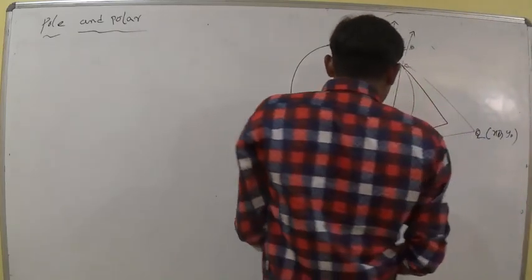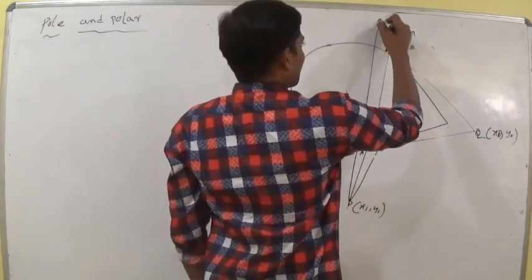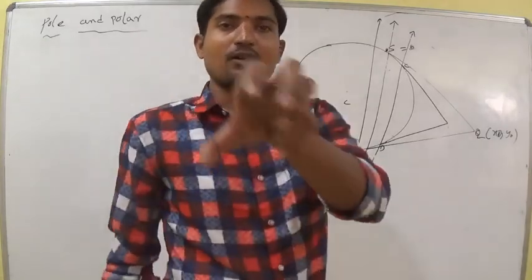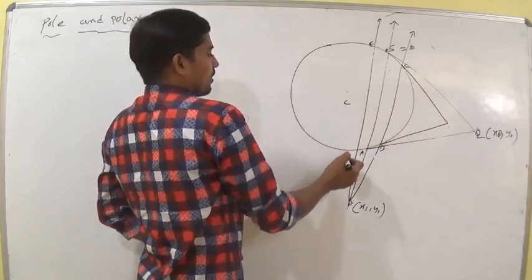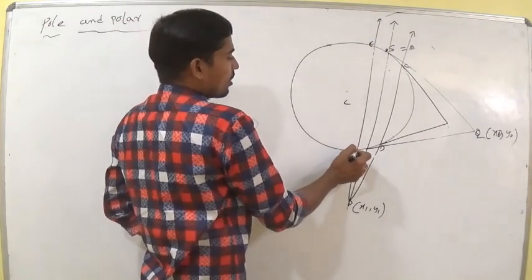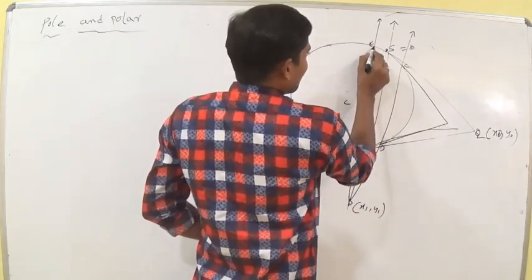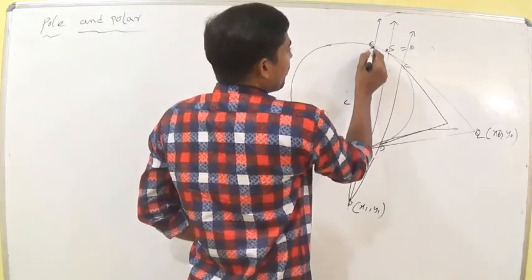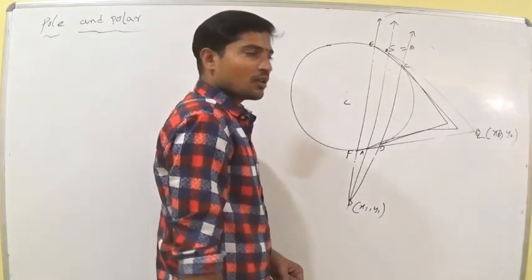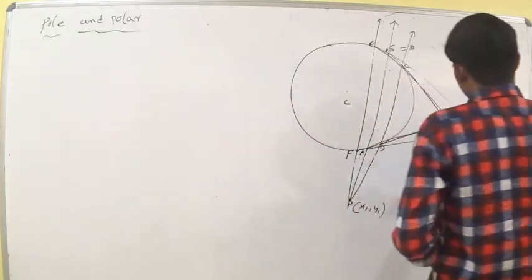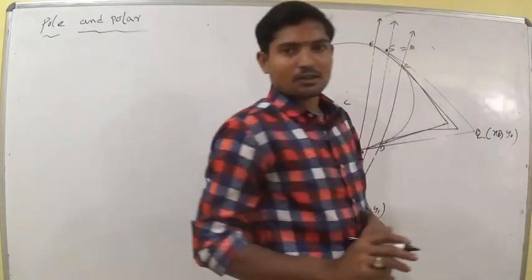One more line, here a secant, suppose E and F. Draw tangents from the points of contact. Draw a line through the intersecting points of the tangents. What are these here?